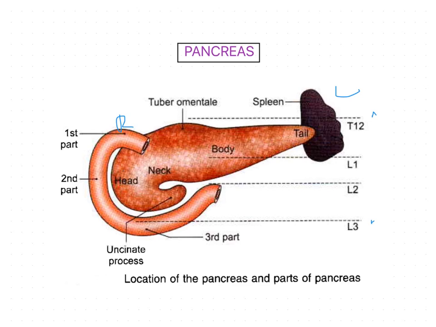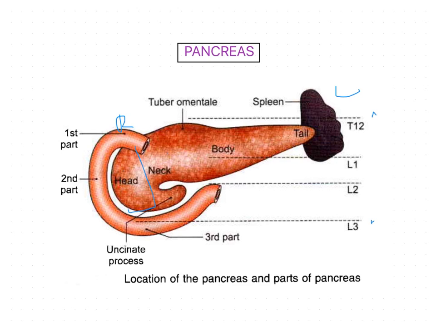And if you see the size, it is about 14 centimeters. The subdivisions, if you see in the pancreas, it is expanded at the right end, and it is called the head of the pancreas.